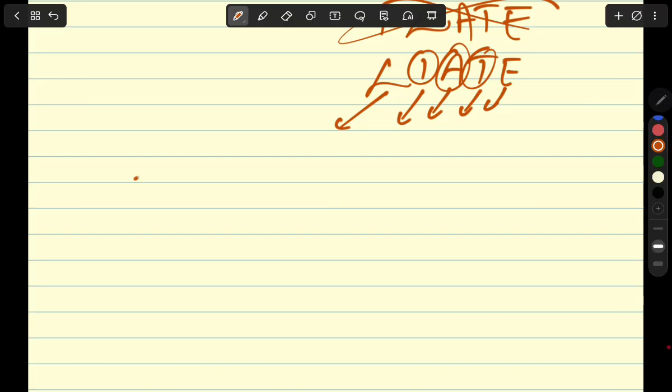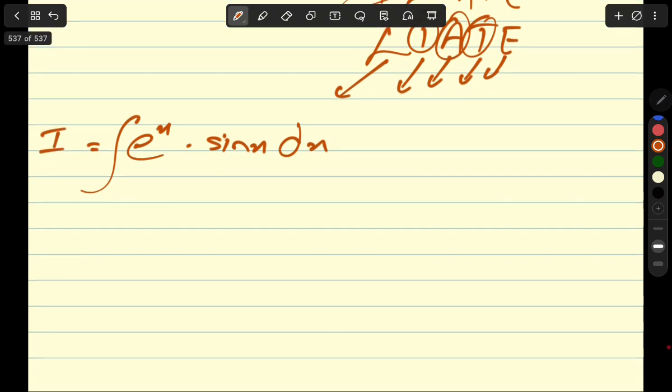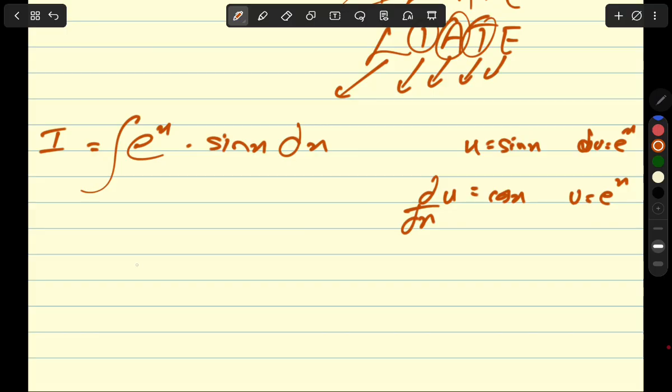Okay, I'll show you something. If you have e^x sine x and you have to integrate it with respect to x, let's call it I, right? Now you will see something. Let me take u as sine x. Let me take dv as e^x, and du by dx is going to become cosine of x, and v is going to become e^x.